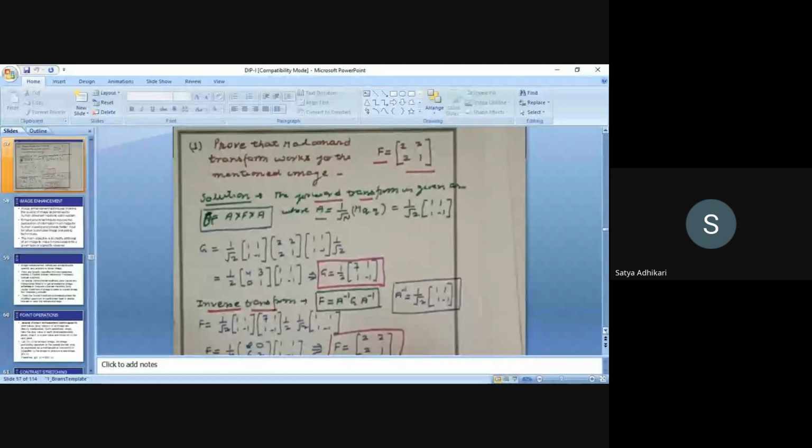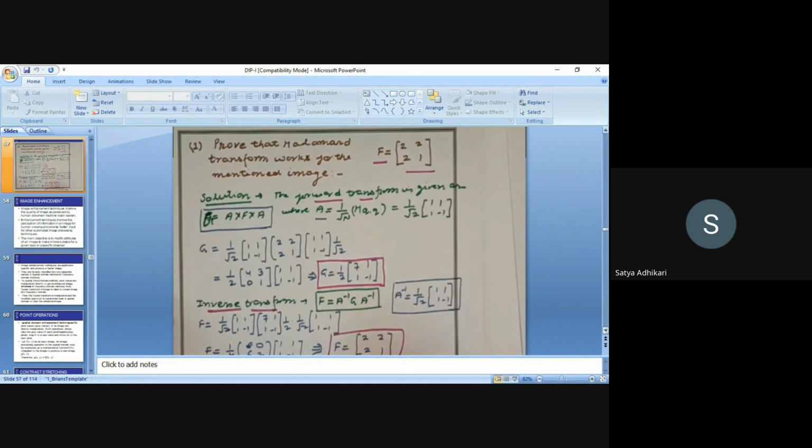The second row and first column, 1 into 2 plus minus 1 into 2, 2 minus 2, 0. And the second row and second column, 1 into 2 plus minus 1 into 1, 2 minus 1, 1. So the multiplication of the first and second matrix is 4, 3 and 0, 1.